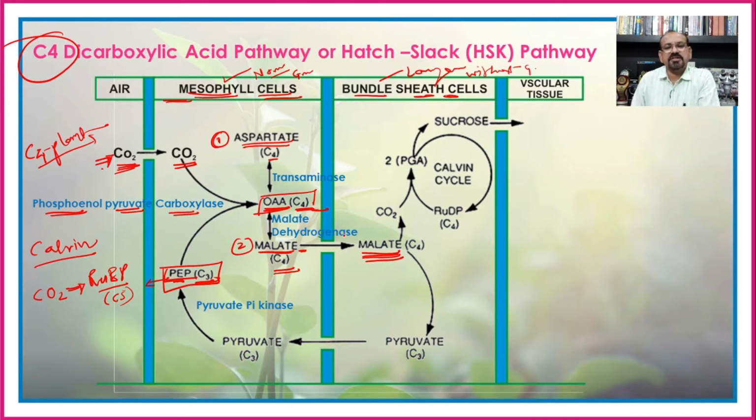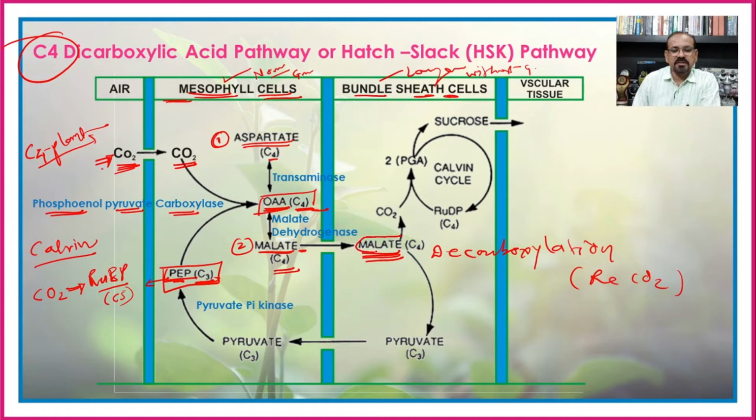Now in the bundle sheath cell there is a decarboxylation. Decarboxylation means the removal of carbon dioxide. After decarboxylation of this 4-carbon malic acid, it releases the carbon dioxide and at the same time forms pyruvic acid.